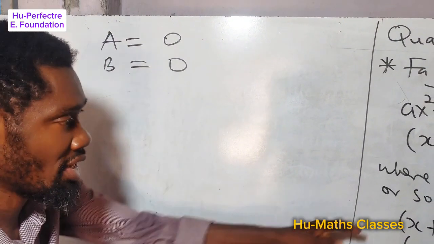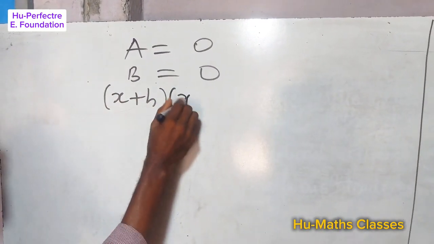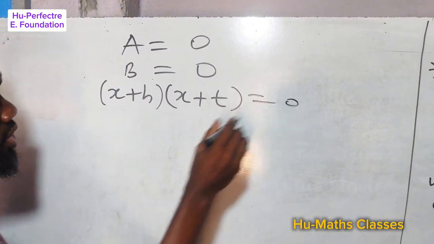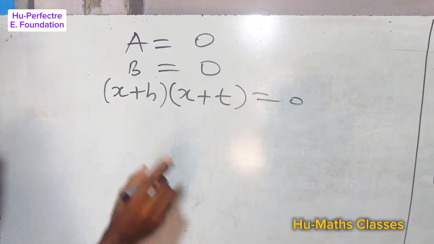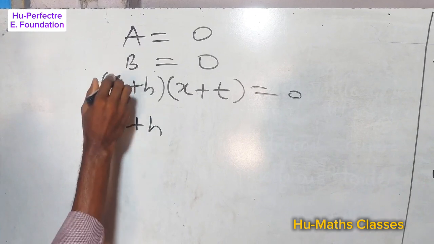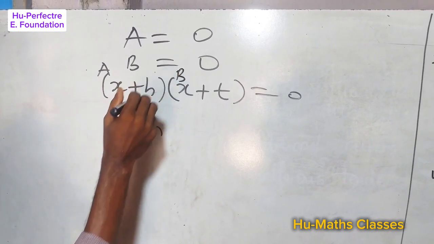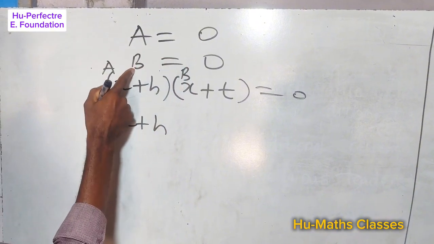So if we have (x plus h)(x plus t) is equal to 0, from the principle, x plus h is the first bracket, which is A, and this is B. A is equal to 0, B is equal to 0.